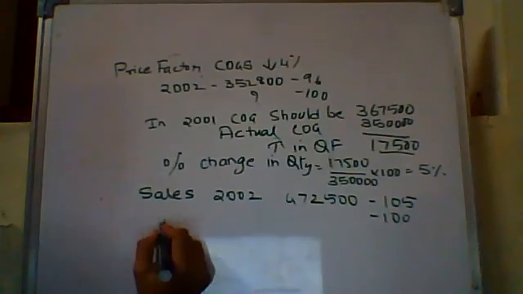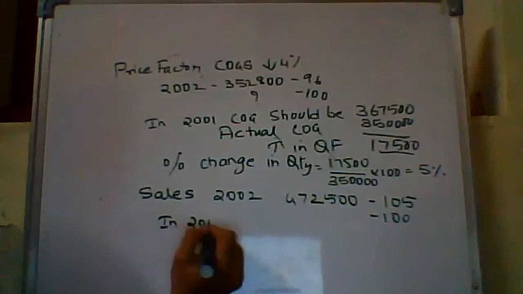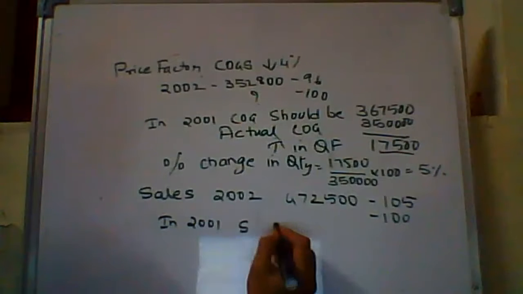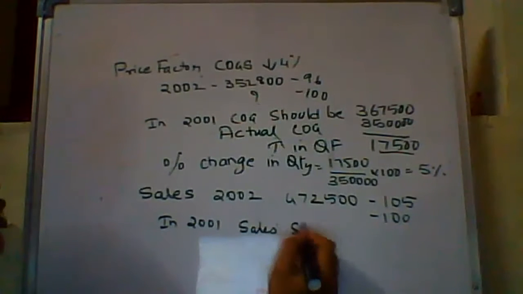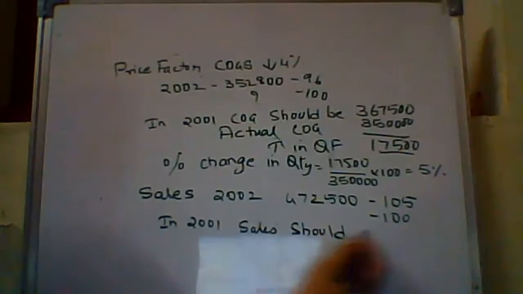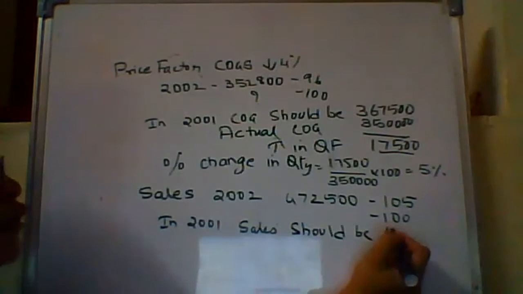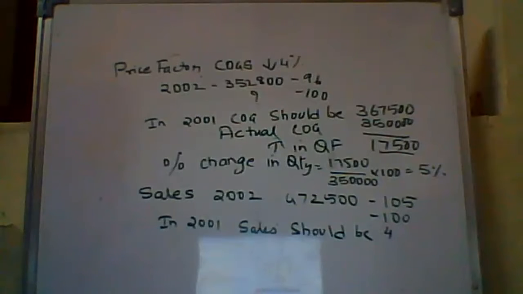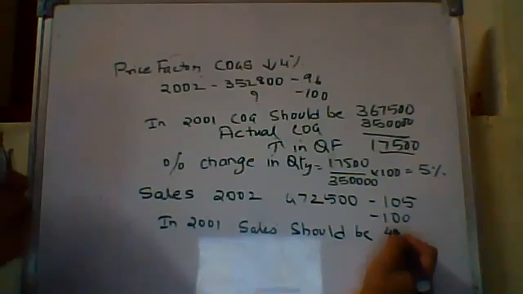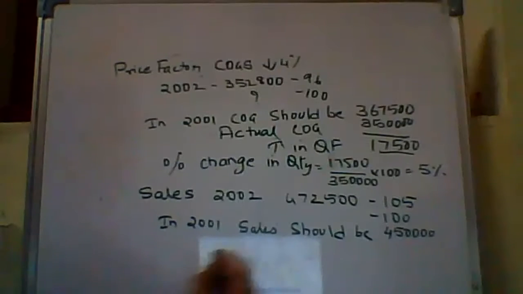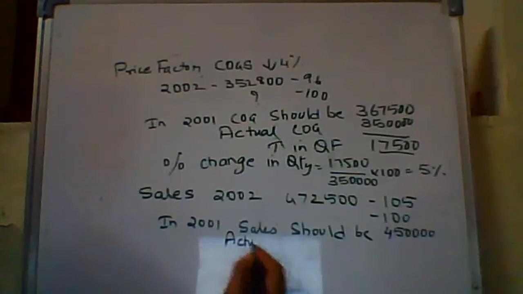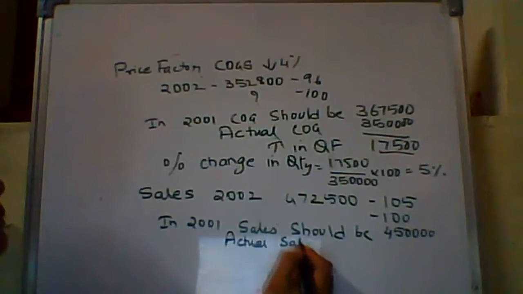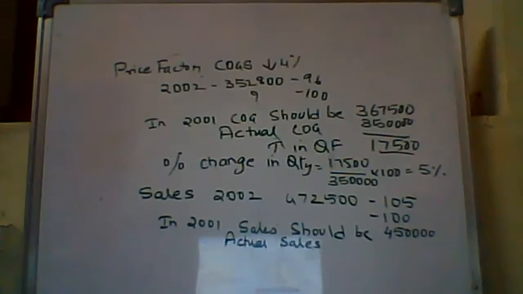So in 2001, sales should be 4 lakhs 50,000. Yes, ma'am. 4 lakhs 50,000. Okay, but what is the actual sales? 5 lakhs is the actual sales.